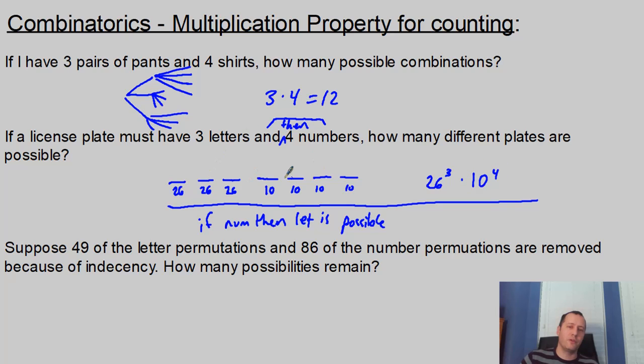If you put the numbers first, it's just a different ordering of all of these same groupings, right? So you could have like AAA 1 2 3 4. You could have 1 2 3 4 AAA. That's for each combination of 3 letters in a row and 4 numbers in a row. So it would be 26 to the third times 10 to the fourth times 2.